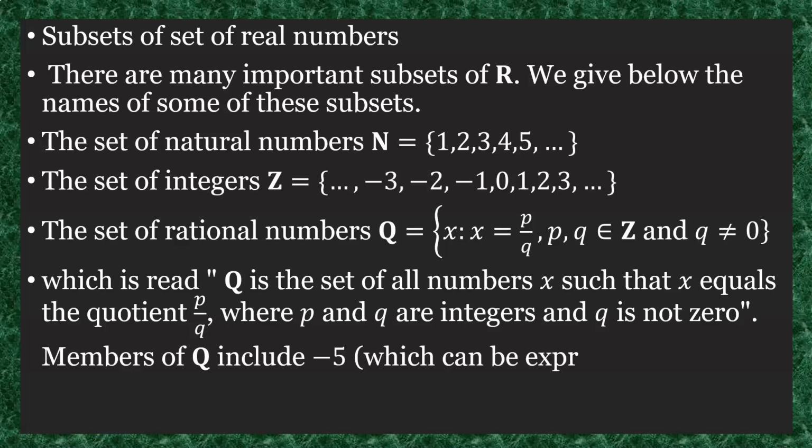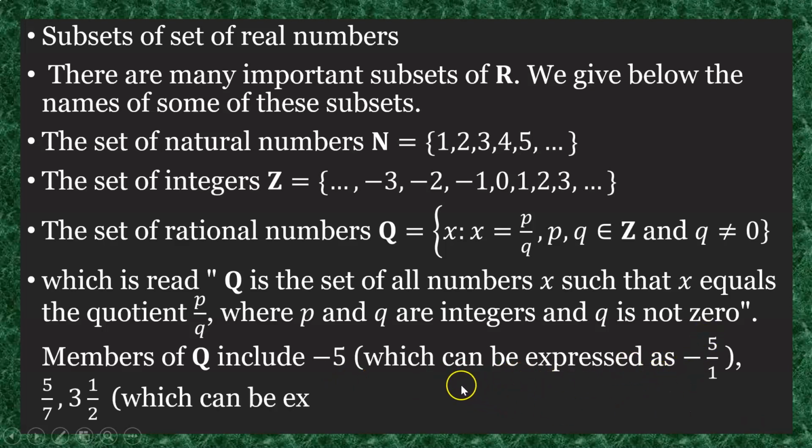Members of Q include minus 5, which can be expressed as minus 5 upon 1, 5 upon 7, 3 and 1 upon 2, which can be expressed as 7 upon 2, and minus 11 upon 3.